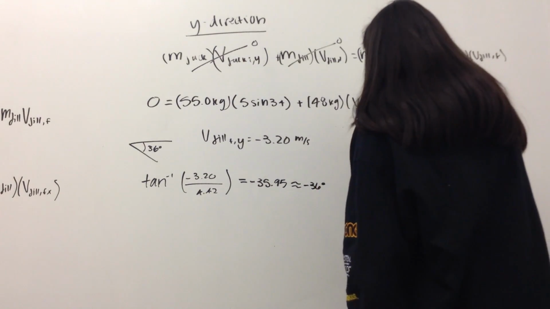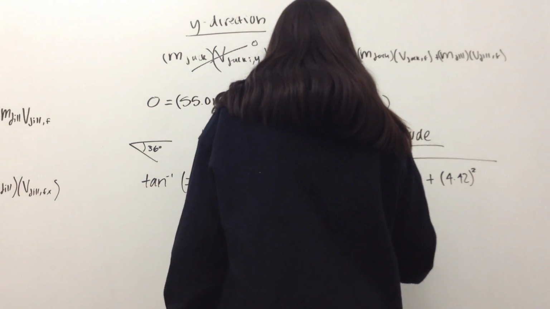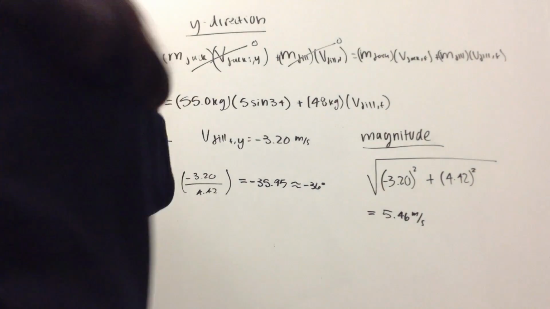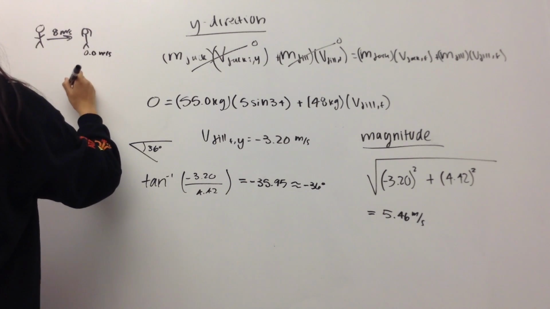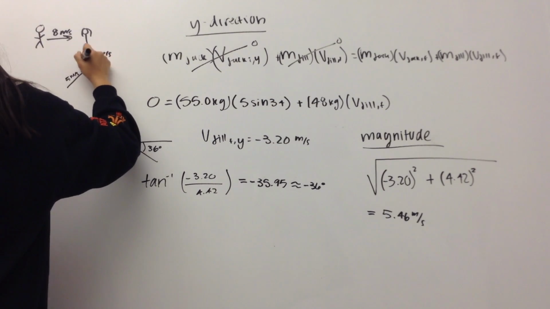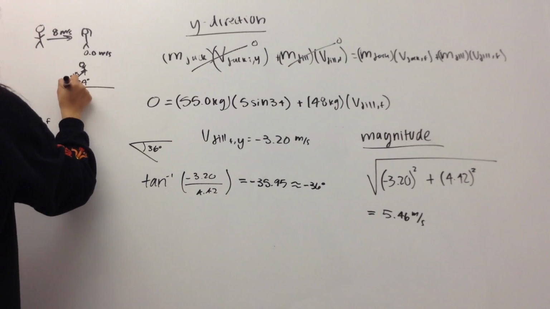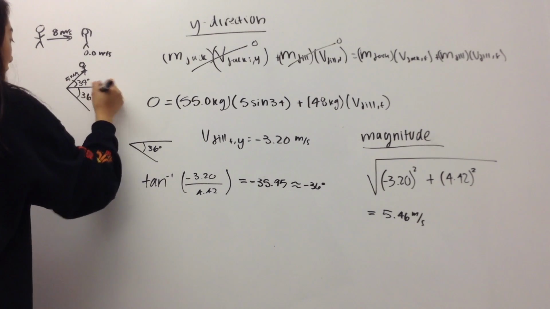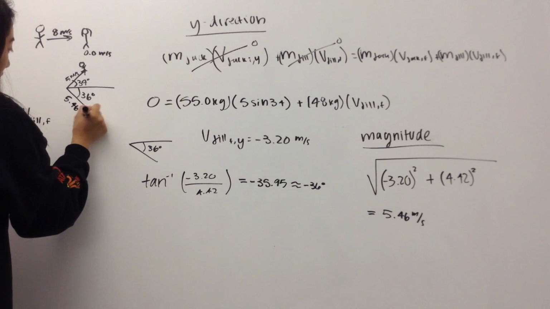Now to find the magnitude, this comes out to be... So when we look back at our drawing, Jack is traveling at 5 meters per second at an angle of 34 degrees, while Jill is now traveling south of east at 36 degrees at 5.46 meters per second.